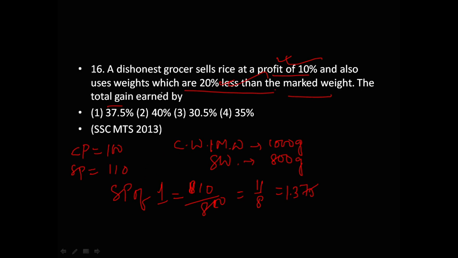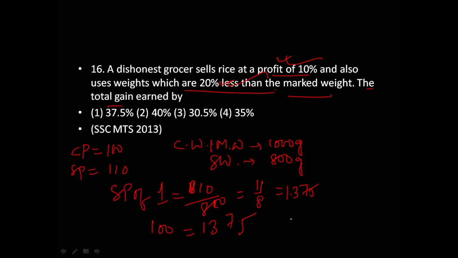Next, the question is the total gain earned by him. We calculate gain on CP. So 100 equals then 137.5. Clear?